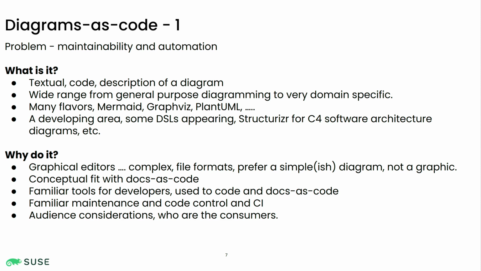Now, SVG is a text format, but it's a graphical page layout language. It's not really about describing some architectural concepts in more of a programmatic way. So we wanted to choose something, and we ended up with Mermaid because it fitted our needs and fitted with the current set of tools.